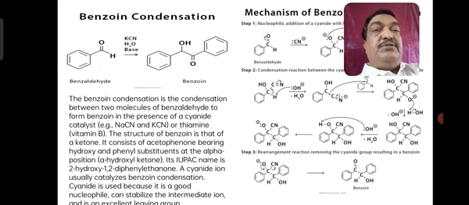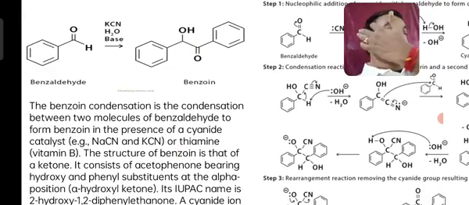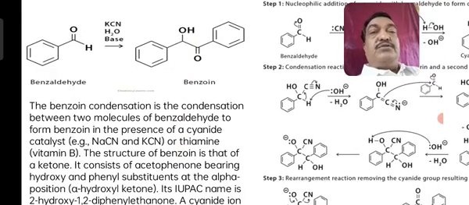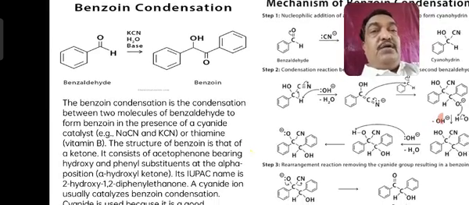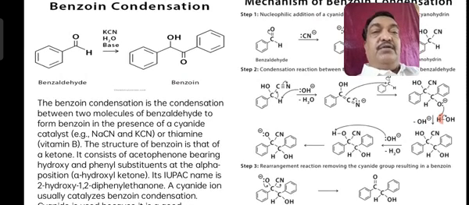Now we can go for benzoin condensation. So what is this benzoin condensation? Here, when two molecules of benzaldehyde are treated with aqueous KCN, the cation dissolved in water, then the condensation of both molecules gives benzoin, that is C6H5CHOH, C double bond O, C6H5.